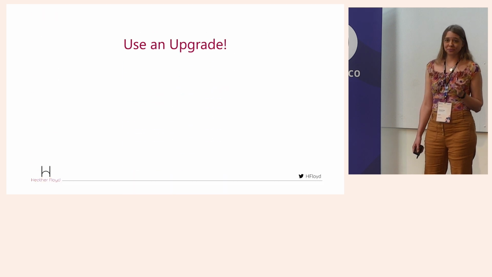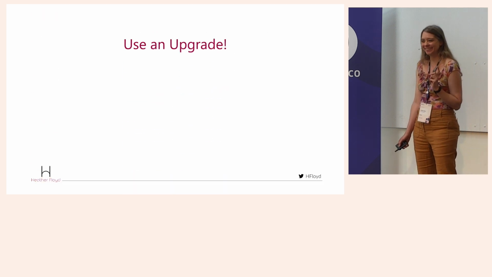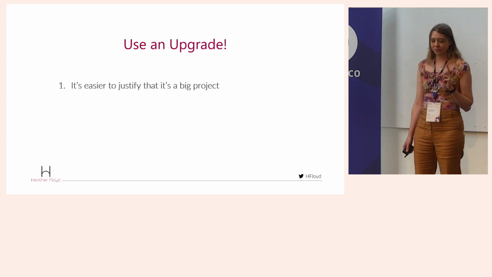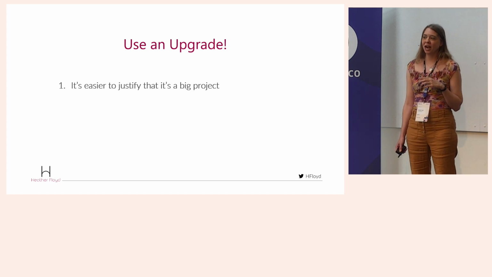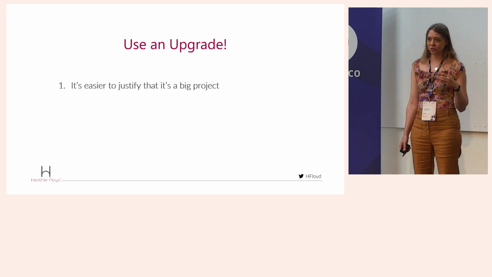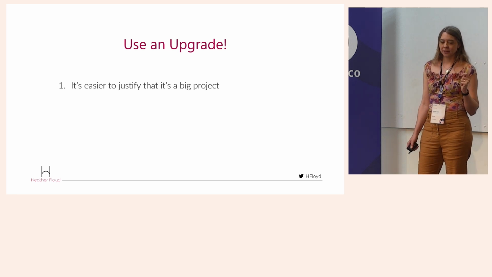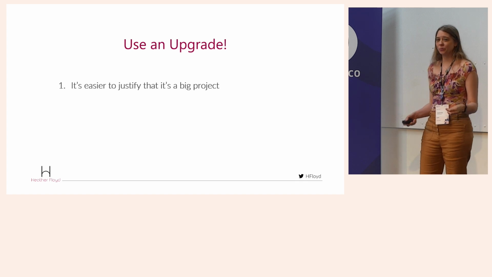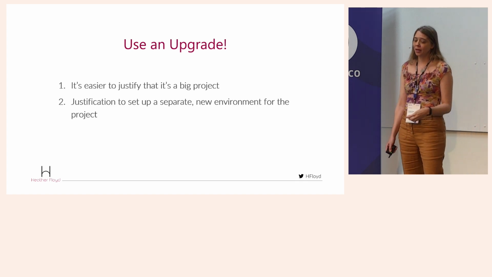So here's a solution. Use an upgrade. If you've got a major version upgrade, you can justify it more easily, particularly to the corporate ones, that it's a big project, it's an upgrade. We have to do this.